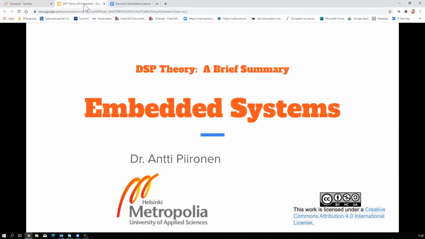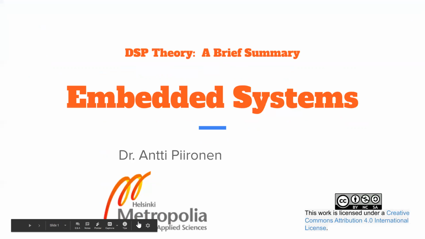But if your system is natively a fixed point system, meaning integer arithmetic, then you are dealing with rounding errors. The embedded systems part of this DSP theory is about rounding errors and how they affect the system performance.